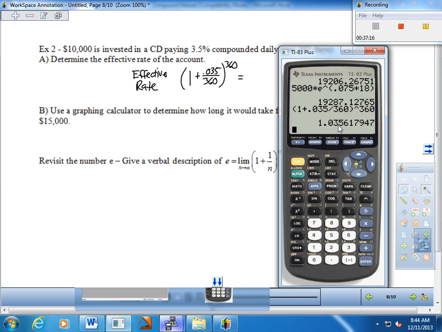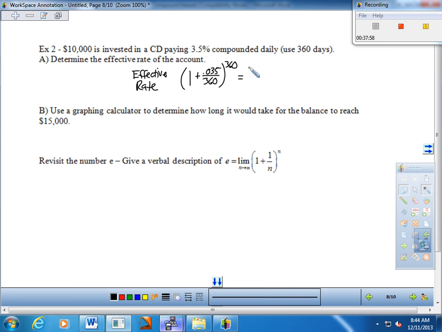Is it more than 3.5%? Here's your 0.035, but obviously there's more. So just depending on how we want to round it here, I'm going to write it two different ways. 1.03562, I rounded right there, or 3.562%. Something like that right there would do.